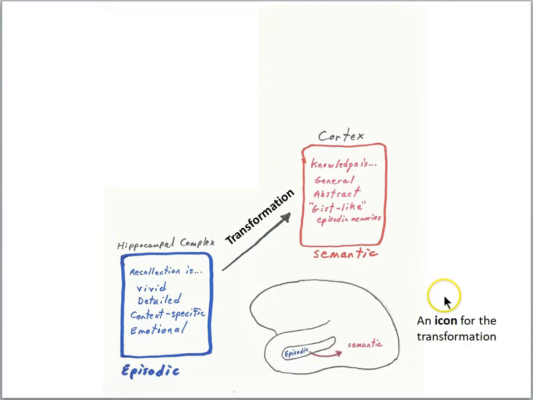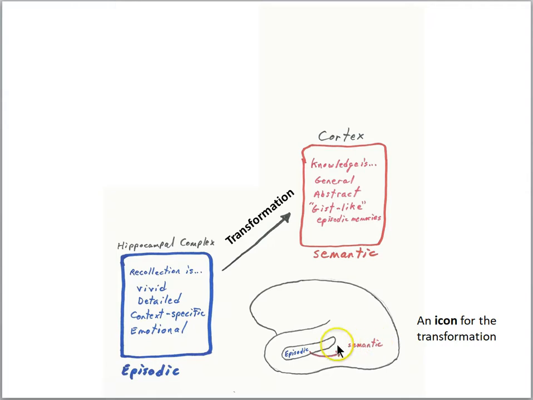So we're going to introduce another icon to show this transformation. Here again we have the hippocampal system that is important for episodic memories, and then the transformation, so that the content of that episode can be integrated into semantic memory out here in the cortex.